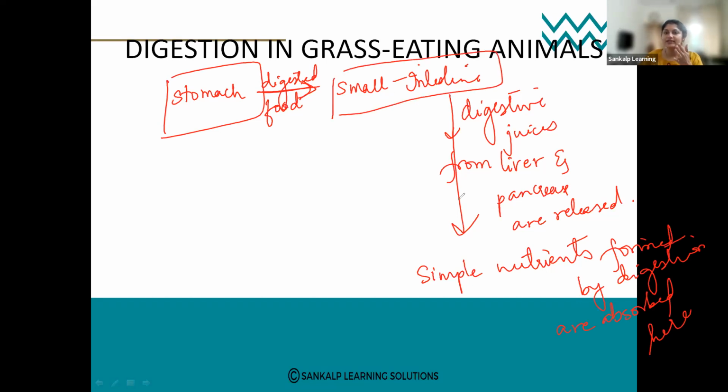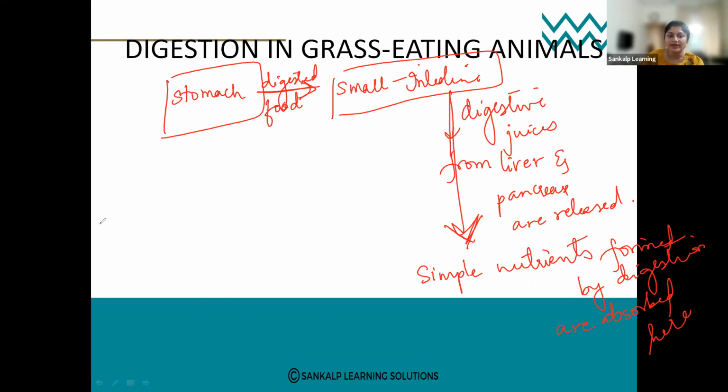The food is mixed with the digestive juices released from the liver and pancreas, and the simple nutrients formed by digestion are absorbed here.